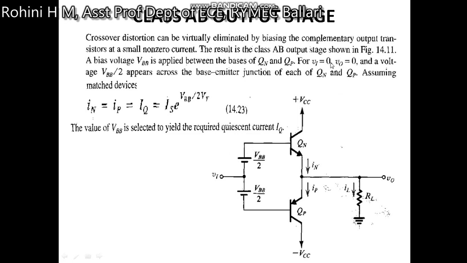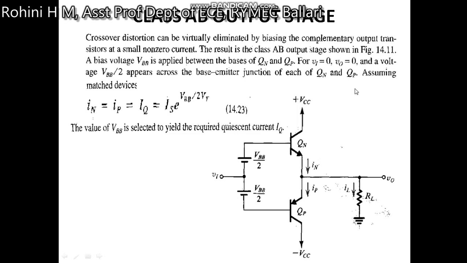For VI equal to 0 and Vout equal to 0, the voltage VBB by 2 appears across each base terminal. When both input and output voltages are 0, these voltages are applied across the Q1 and QP transistors.